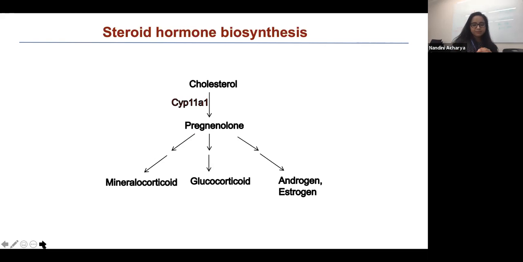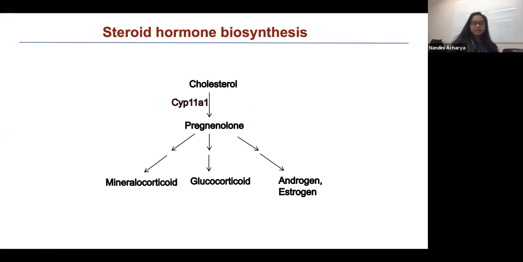This is a very simplistic figure, basically trying to show you that cholesterol is the precursor of all steroid hormones. The first step in this conversion of cholesterol to steroid hormones is catalyzed by the enzyme called CYP11A1. CYP11A1 is the first enzyme and also the rate-limiting enzyme, and the presence of CYP11A1 is a reliable marker to say that a particular cell has steroidogenic capacity.